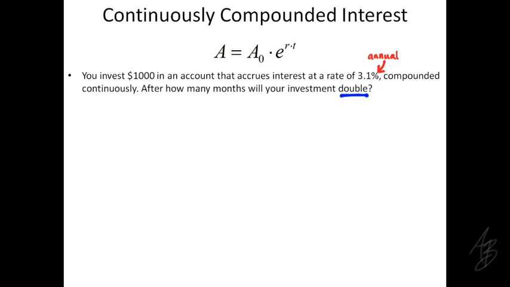Since our investment is going to double, we start with an initial condition of $1,000. It's going to double, so we end up with an investment of $2,000. And so we get this equation. To solve for t, which is the amount of time it takes to double, we divide both sides by 1,000 and simplify the left side: 2,000 divided by 1,000 is simply 2.